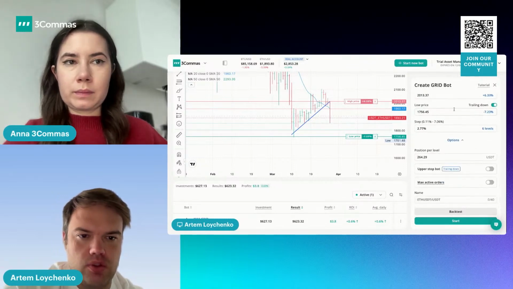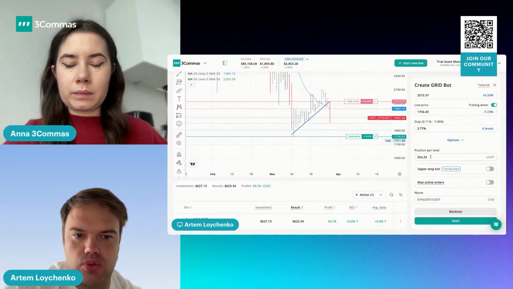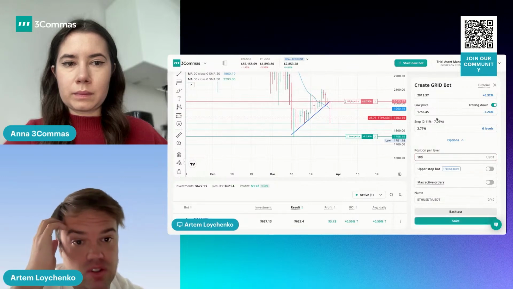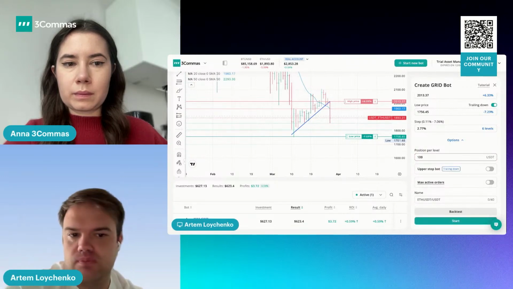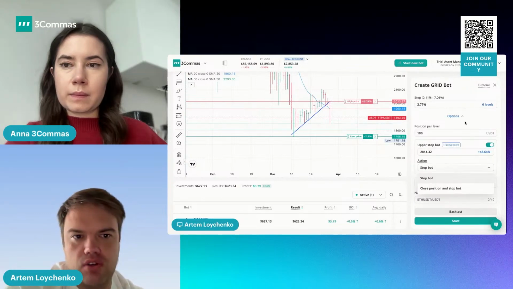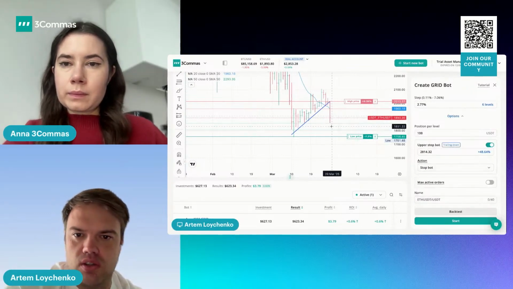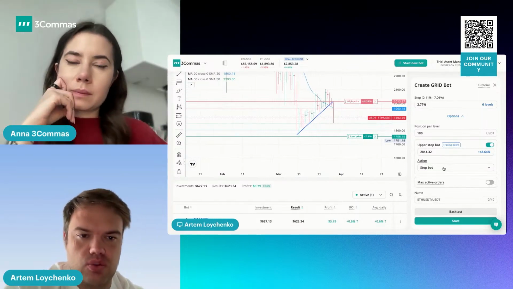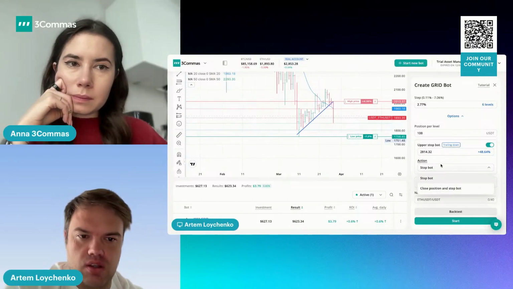Next, I want to set up how much money I want to use per each level. You can, of course, set it based on your balance. I'm usually pretty conservative with gridbots, as I'm a trend trader, so I'm placing something about this. If you feel your trading can get risky, you want to stop the bot, and you can do it here.